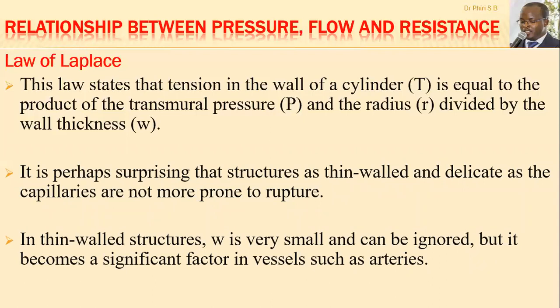So it is perhaps surprising that structures as thin-walled and delicate as capillaries are not more prone to rupture. In thin-walled structures, the wall thickness of the capillaries, which is W, is very small and can be ignored. But it becomes a significant factor in blood vessels such as the arteries, because the thickness is so big, because you have those 3 layers.